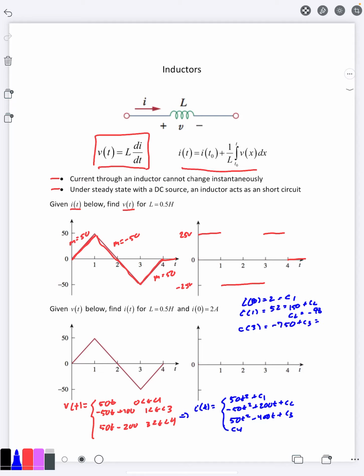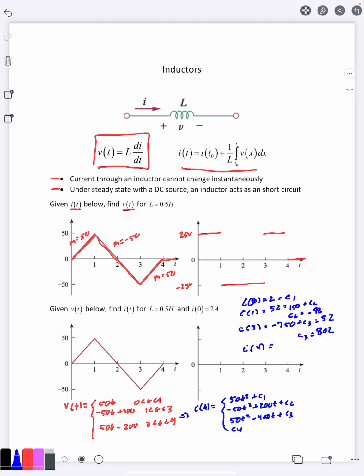plus C3. And if I plug in 3 to the first formula, working out all the details, that's going to be 52. So C3 then is 802. And if you want to see what happens when you get to 4, then I of 4. I'm not even bothering trying to draw it.